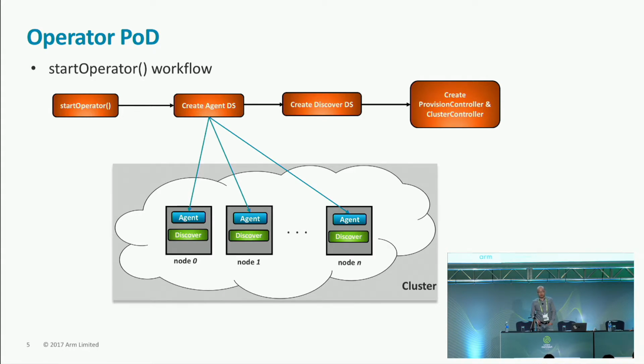The provisioning control will watch the storage resource changes, such as add, delete, or update. So the two controls created by the operator pod will watch the resource changes in the cluster, such as add, delete, or update.